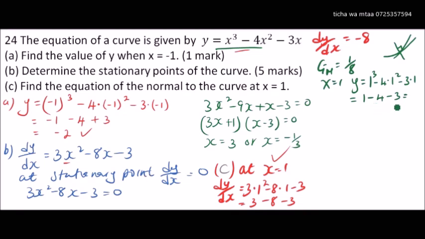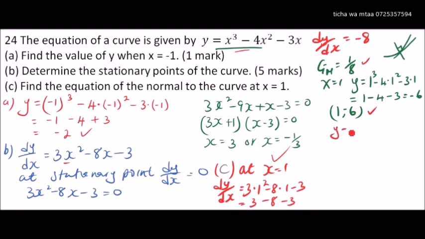So one point that we have is x is 1 and y is minus 6. So we now have the gradient and one point, we can get the equation.